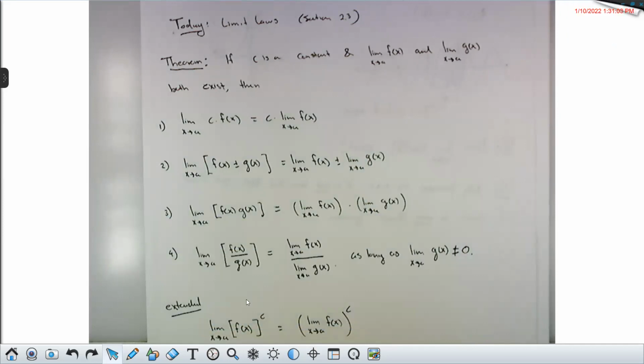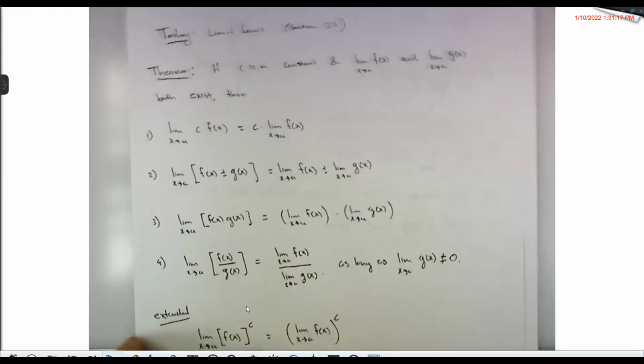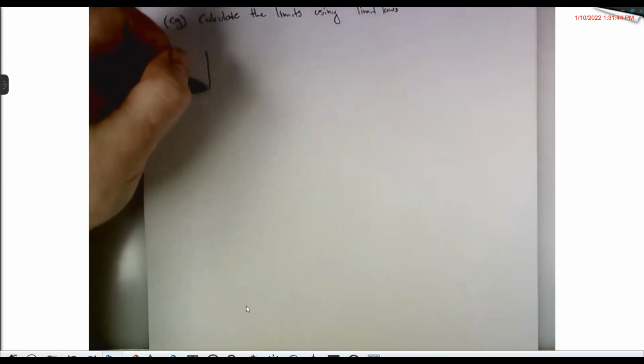All right, let's take a quick peek at an example problem or two. So you see in this first example, the graph of the function f in pink and the graph of the function g in blue. I'm going to sketch this, and then we're going to calculate the requested limits.